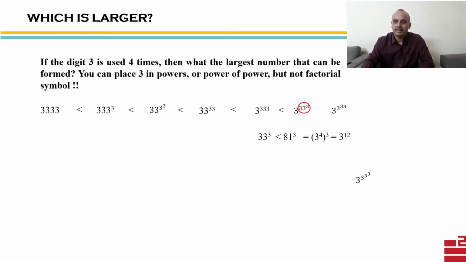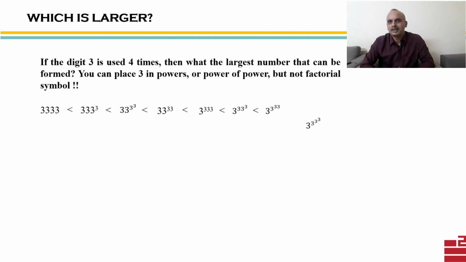Is it not less than 3 to the power 33? And since it is, we can therefore say that 3 to the power 33 is more than 33 cube, and therefore our order is again set. So now we are able to arrange the 7 numbers in the increasing order.